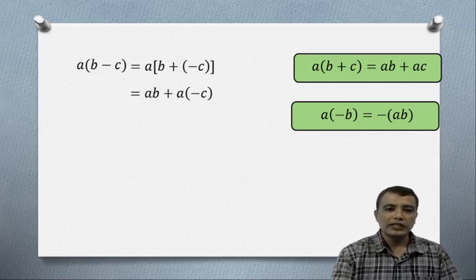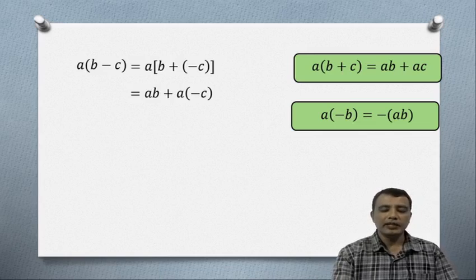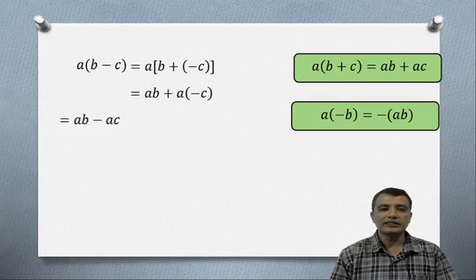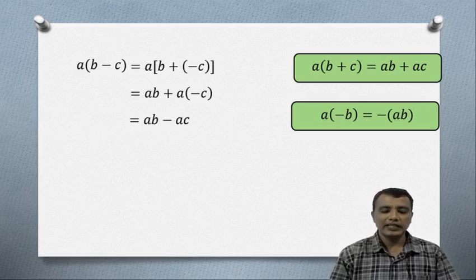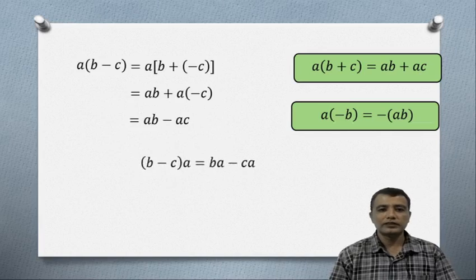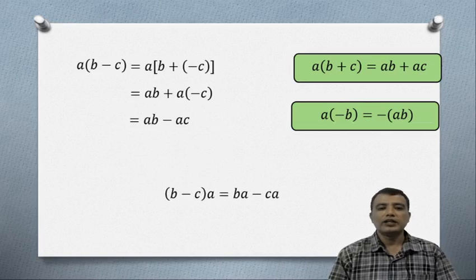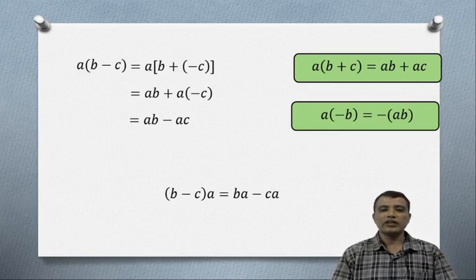So therefore, A into minus C can be replaced by minus AC. So we get AB minus AC. So therefore, A into B minus C is equal to AB minus AC. Similarly, we can show that B minus C into A is equal to BA minus CA. Right?